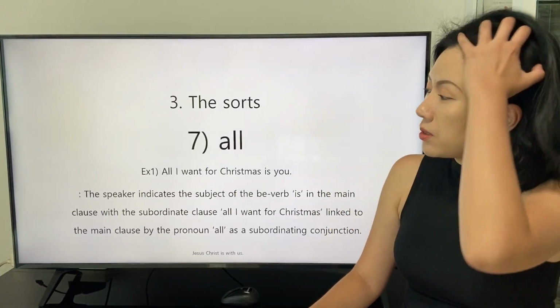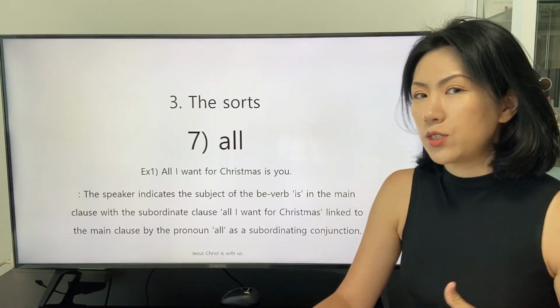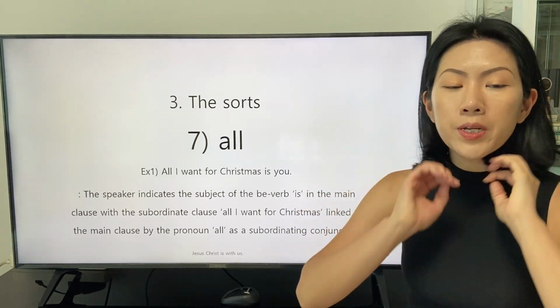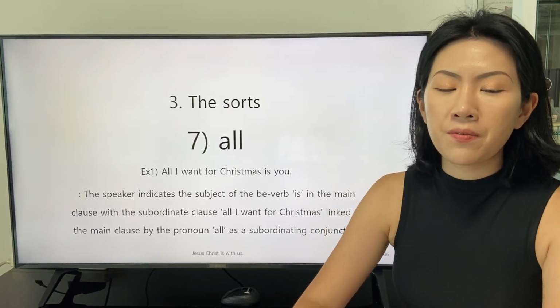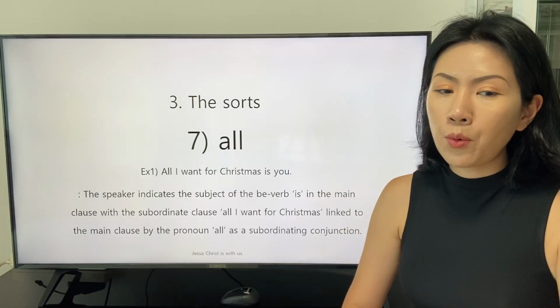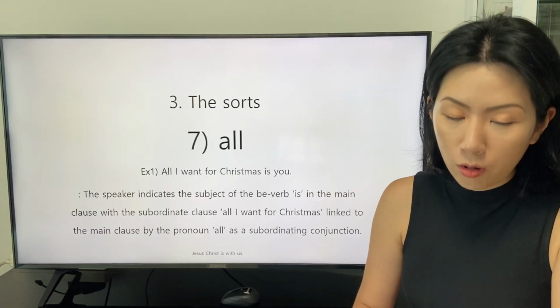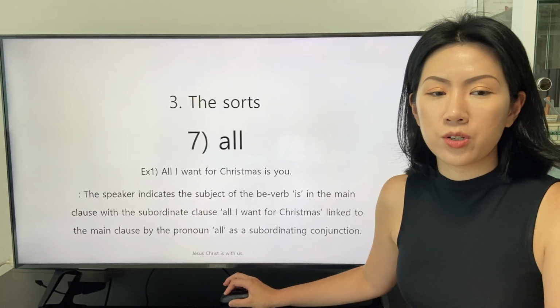The first example in which the pronoun all is applied is this. All I want for Christmas is you. The speaker indicates the subject of the be verb is in the main clause with the subordinate clause. All I want for Christmas is linked to the main clause by the pronoun all as a subordinating conjunction.